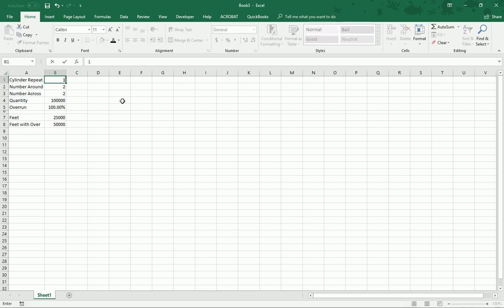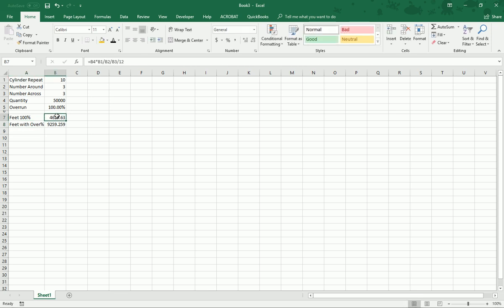And so now, if you put in the cylinder repeat, the number around and the number across, and the quantity you want, it'll tell you how many feet to do 100%. And it'll tell you feet with overage percent, right? And there you have it.